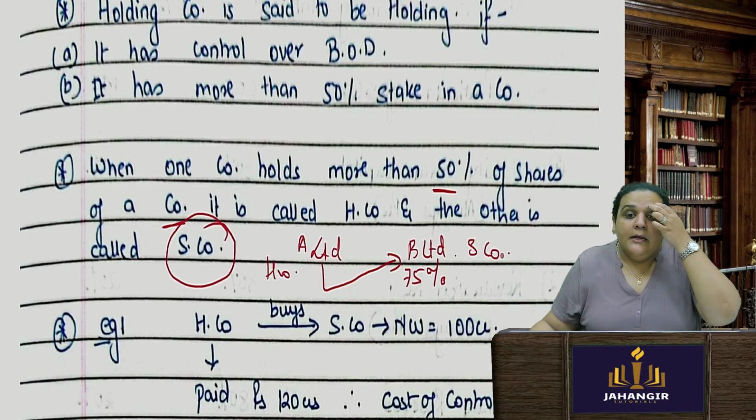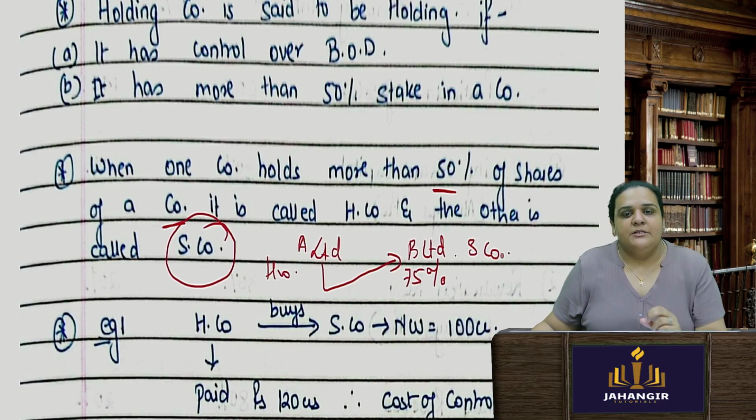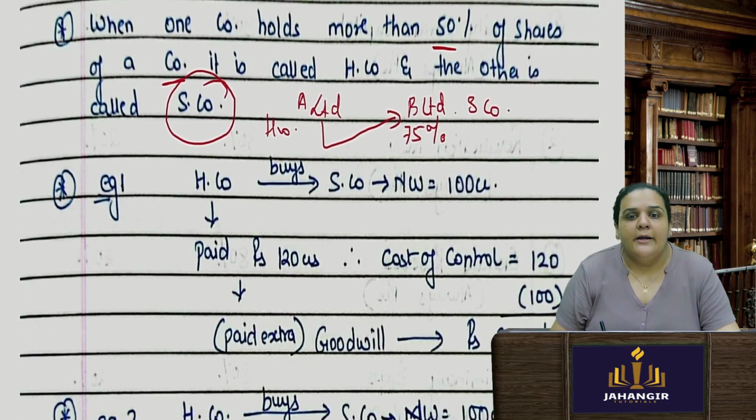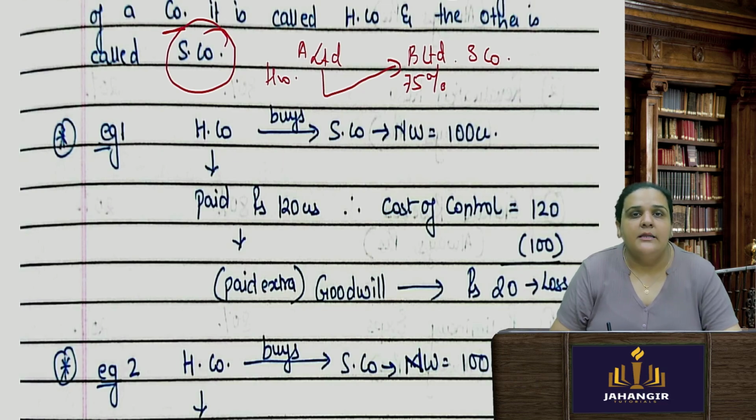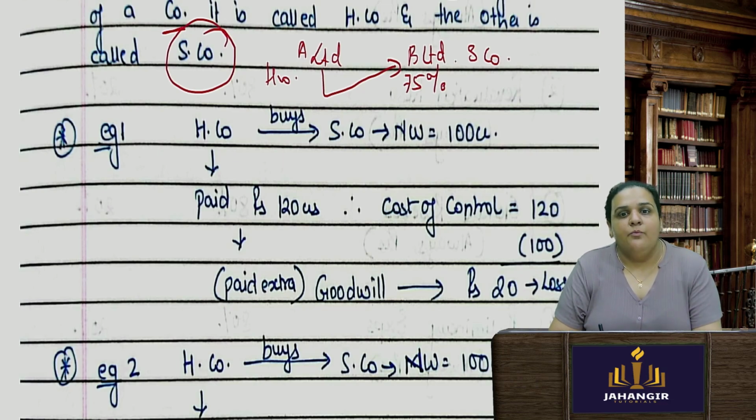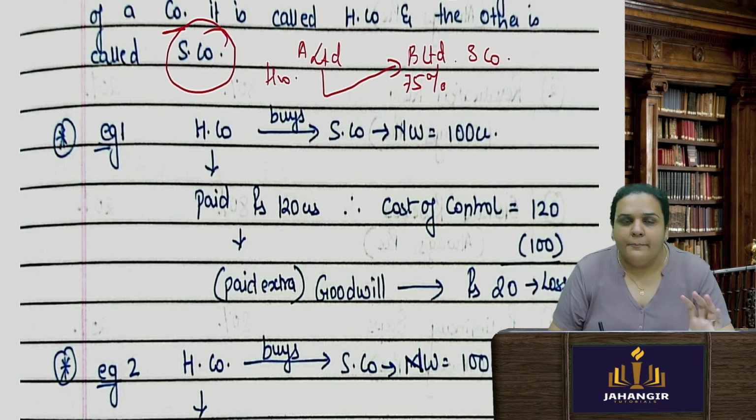Now for a holding and subsidiary, a holding company has to give standalone statements as per the accounting standards and also as per the Companies Act 2013, and it has to give a consolidated statement along with its investments in B Limited. We are going to understand how the accounting part is taken care of when consolidation comes into the picture.